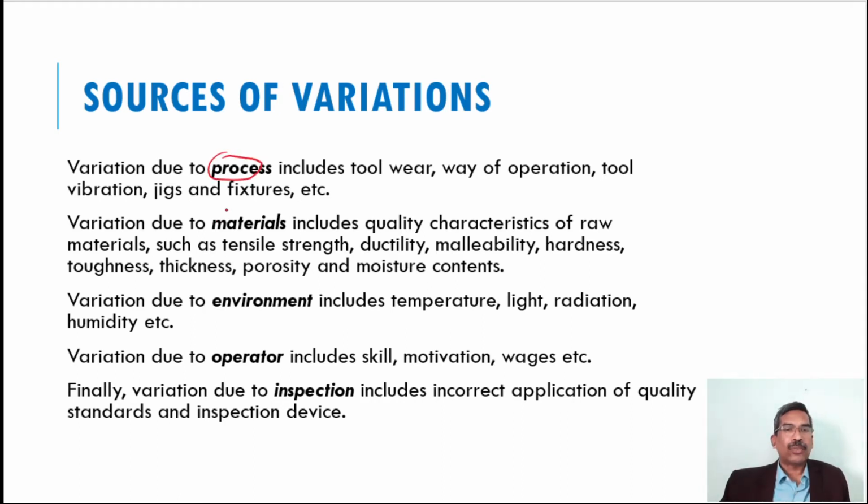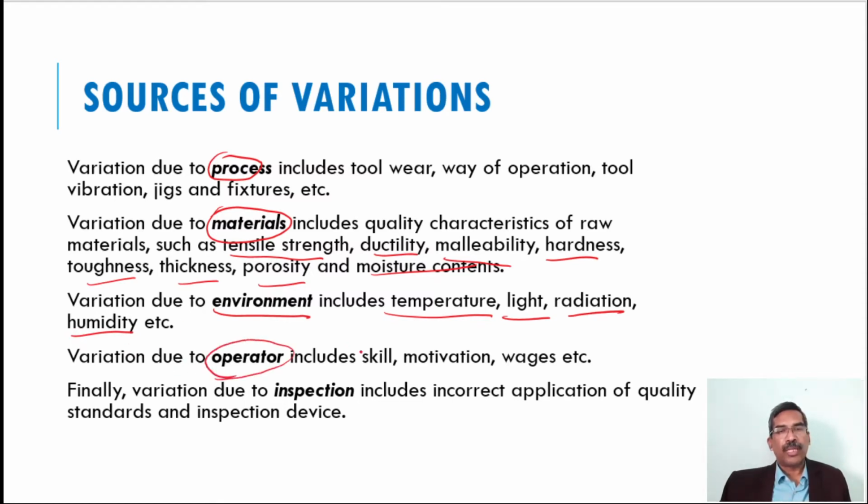The second source of variation is material, due to irregularity in material. This may be due to changes in properties like tensile strength, ductility, malleability, hardness, toughness, thickness, porosity and moisture content. So these are due to the material's properties. The environment is the third source of variation, and this may lead to different temperature, light, radiation, humidity, etc. Then there is variation due to the operator.